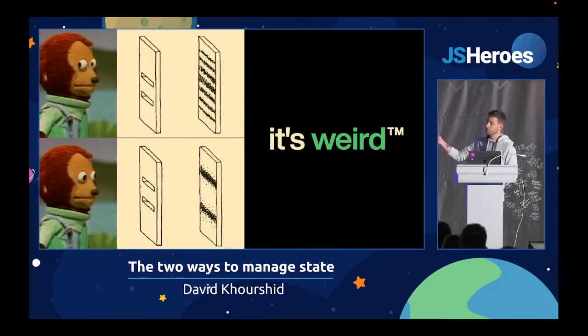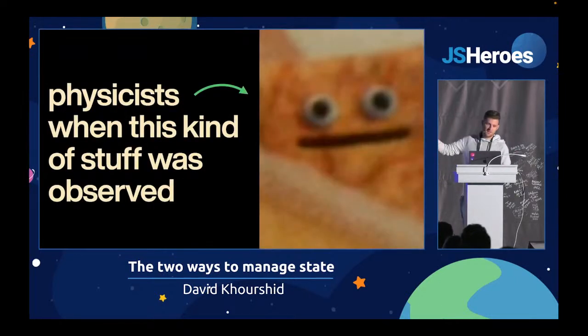This is a good meme, but it's an experiment where when you beam particles on the screen and you put a wall in the middle with two holes, it changes the result depending on whether you are looking at which hole it goes through, which led to this kind of situation when people observed that, because it kind of breaks physics as people knew it back then.